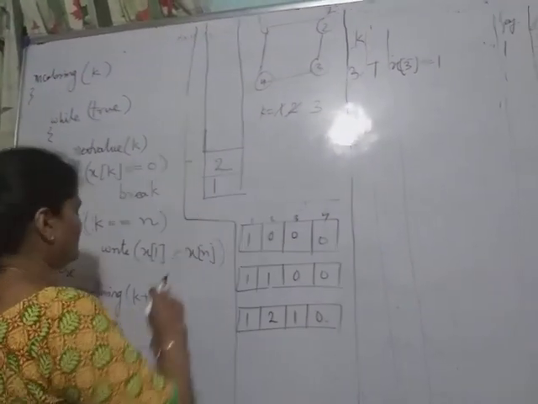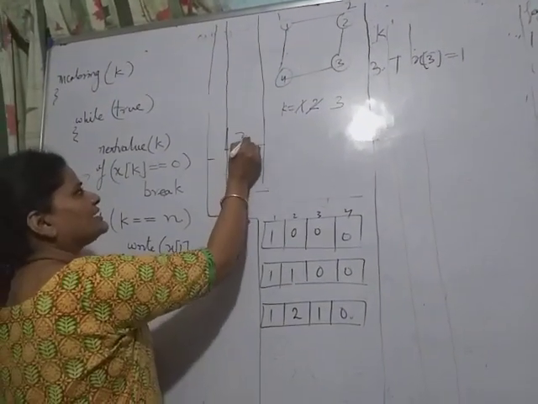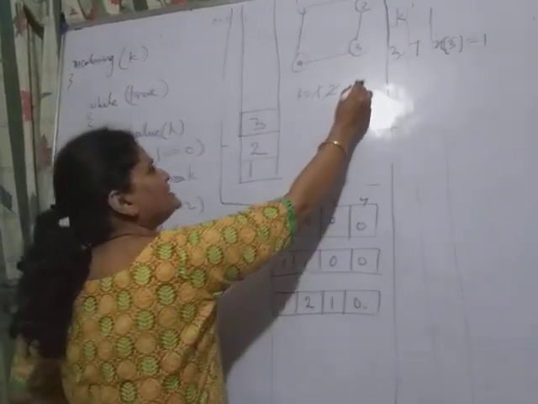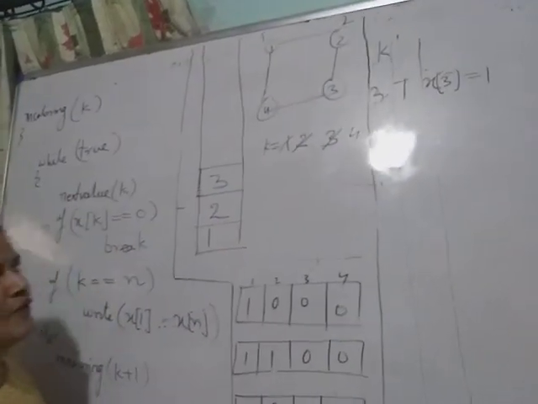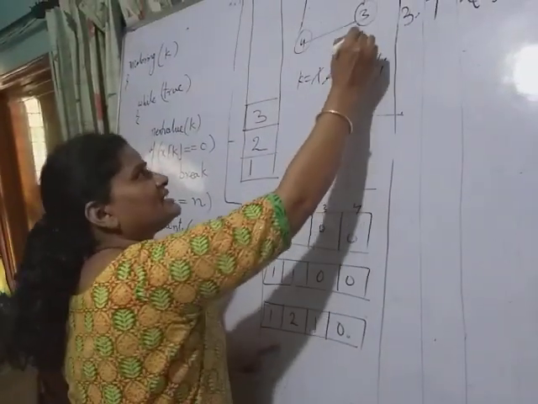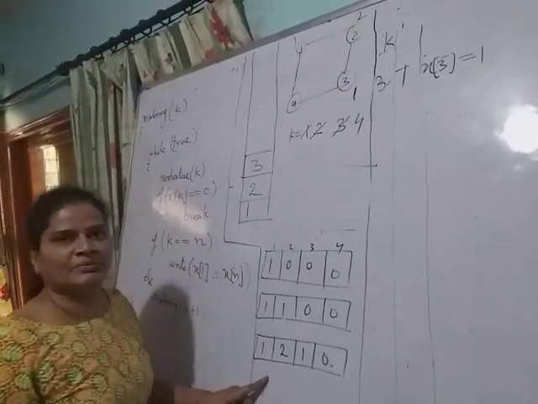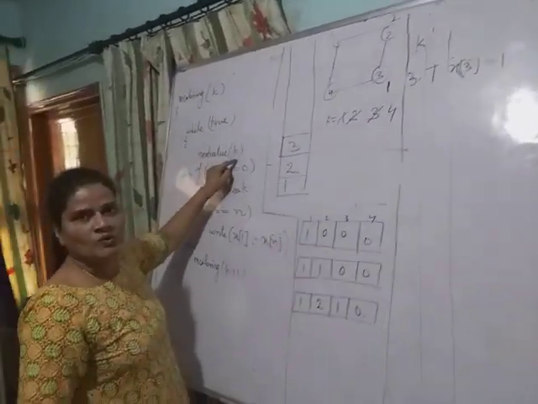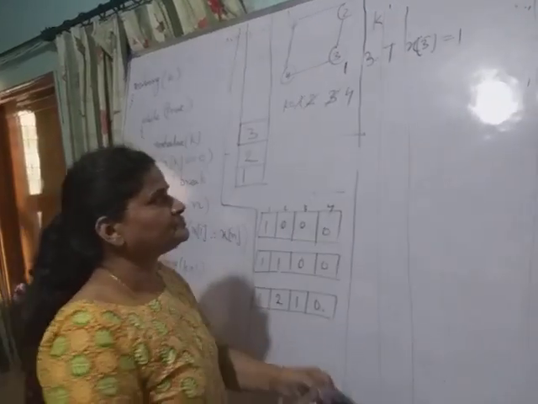Before calling, because this is a recursive call, the current value of k will be pushed onto the stack and the new value of k is 4. Here the third vertex will be colored with color number 1. Now the function next value k is called.